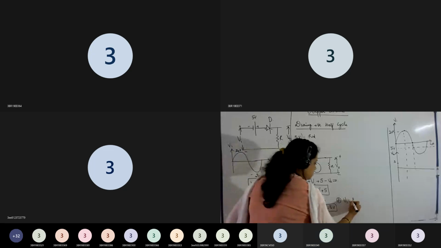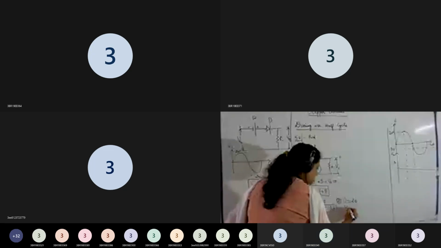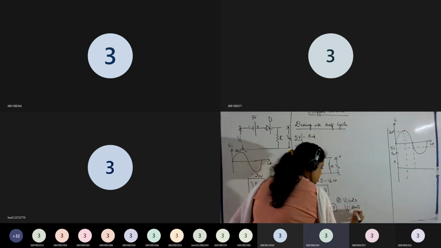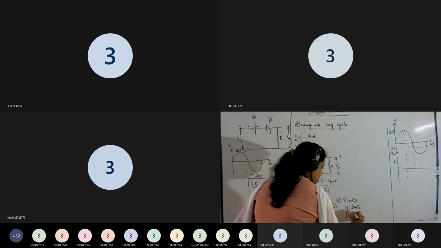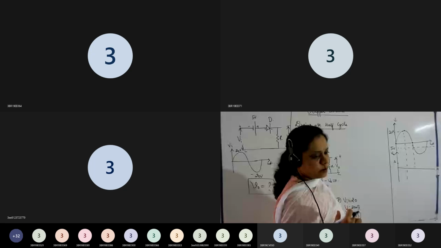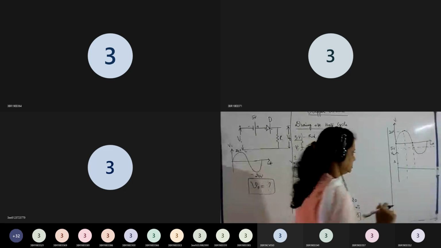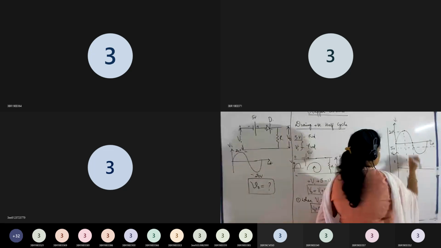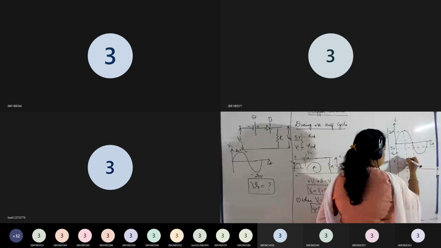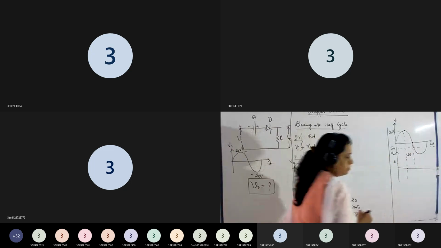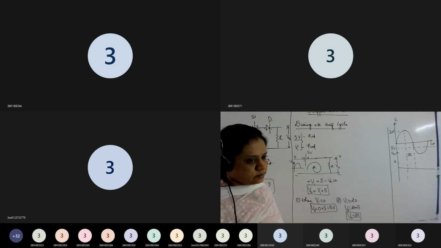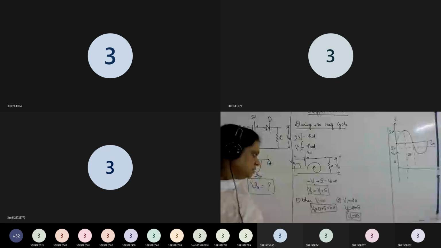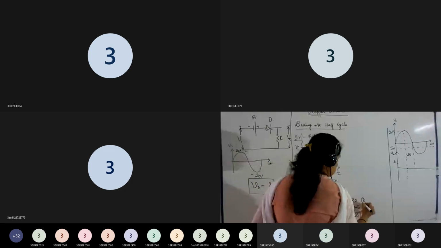When Vi is 20, V0 is 20 plus 5, which is 25. The output voltage has just increased by 5, that's it. So when Vi is 20, V0 will be 25. Correct? Third point, same as the first.